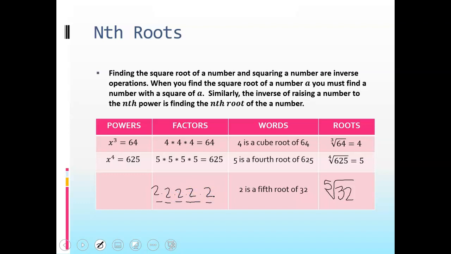So the 5th root of 32 is 2. That's what you're looking for today.